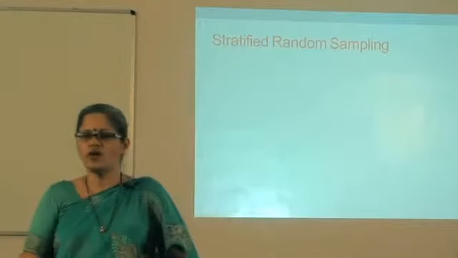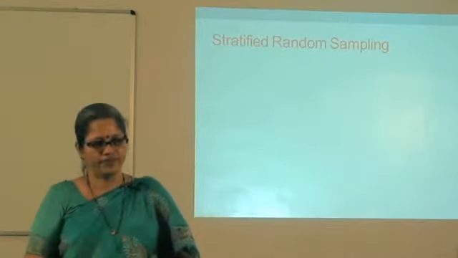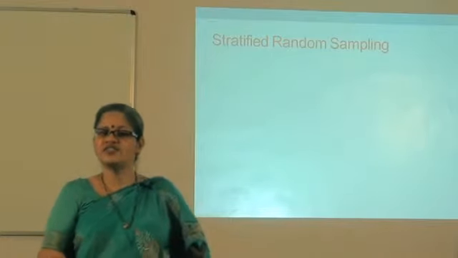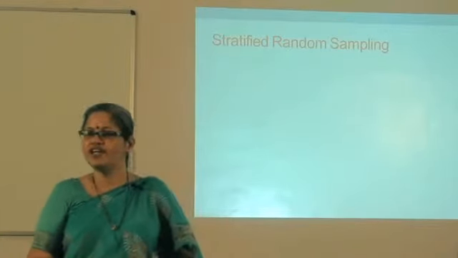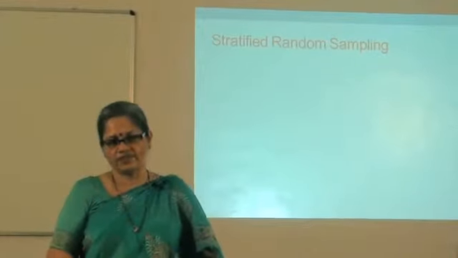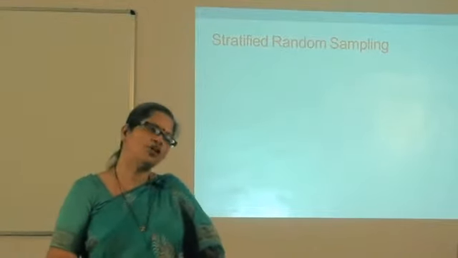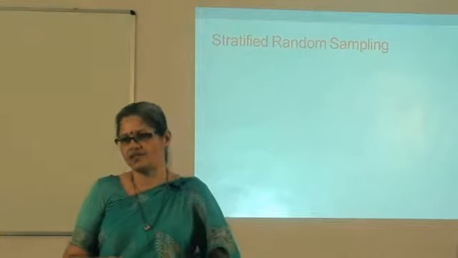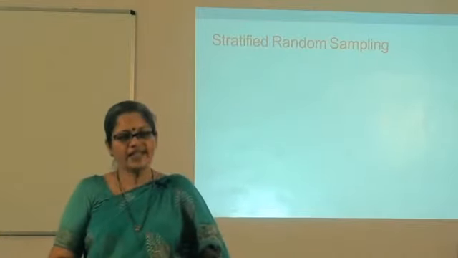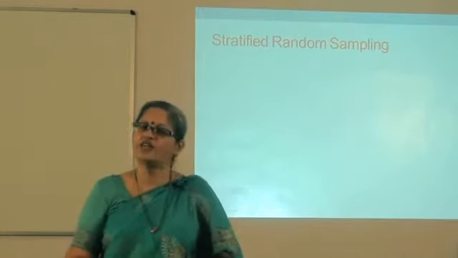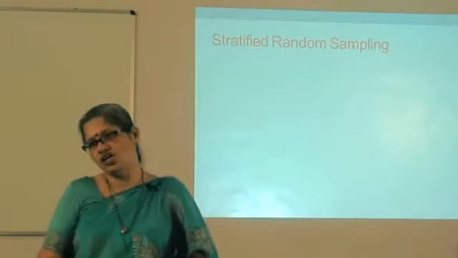Now we always talk about the strata of the society. There are different strata or different layers in the society. Basically, if we talk about human beings, then it is male and female. So when we talk about the strata, we are talking about the groups which are there in the society.